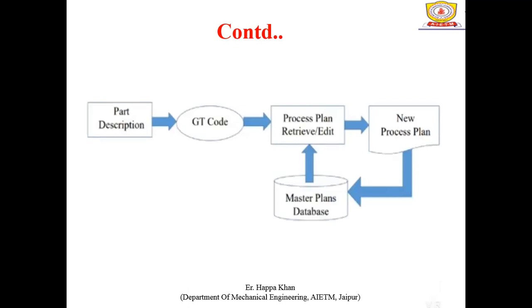Okay, is that clear? Whatever process plan is related with that group technology code, that is retrieved. Then after retrieving that process plan, you can edit the process plan and again store the new process plan in the master plan database. So this is the retrieval process planning system.